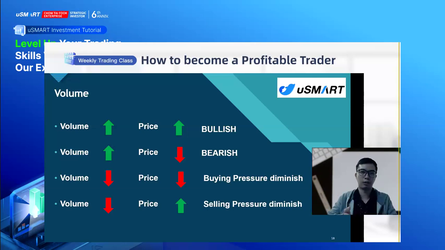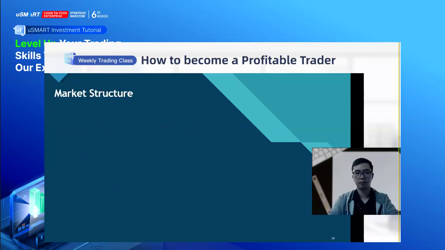But there is also a possibility that after a few days, another strong selling pressure kicks in. So by looking at this volume, we can decide when to enter. All right, we can get an idea where the stock price will go by using this technical analysis.